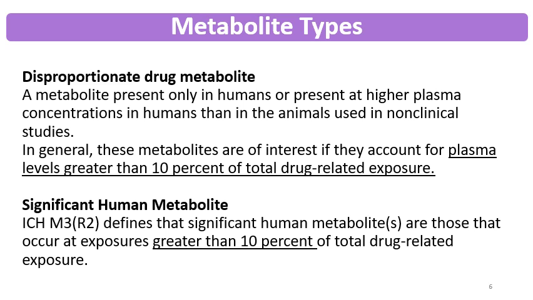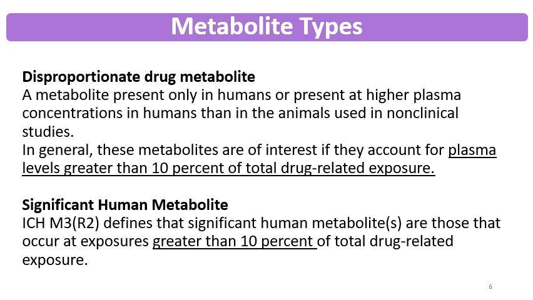In general, these metabolites are of interest if they account for plasma levels greater than 10% of total drug related exposure. So if you consider the AUC percentage, and the metabolite has 10%, then you can say that it is a significant metabolite.